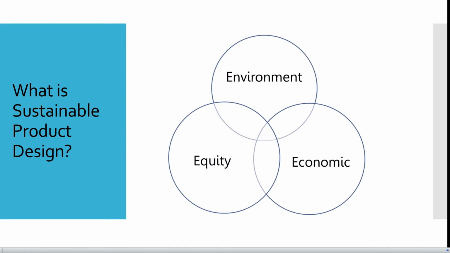Now, what is sustainable product design? In the MBA in sustainability, we talk about the 3 E's: environment, equity, and economy. Sustainability is represented as the intersection between these 3 E's. The same model can be applied to sustainable product design.